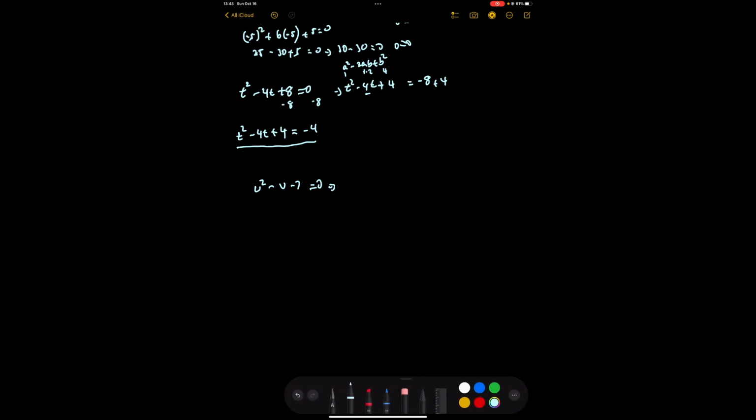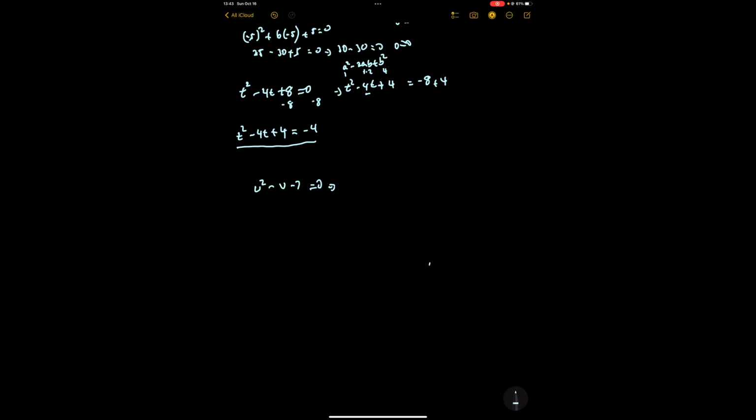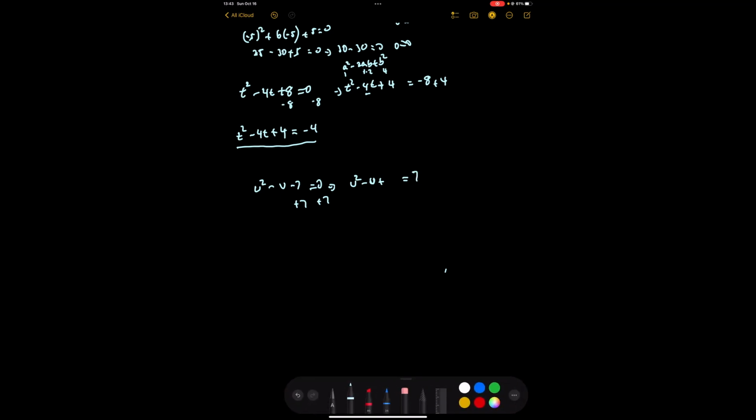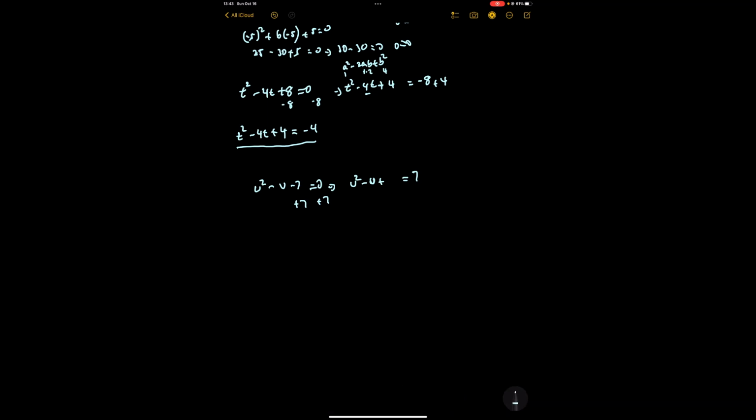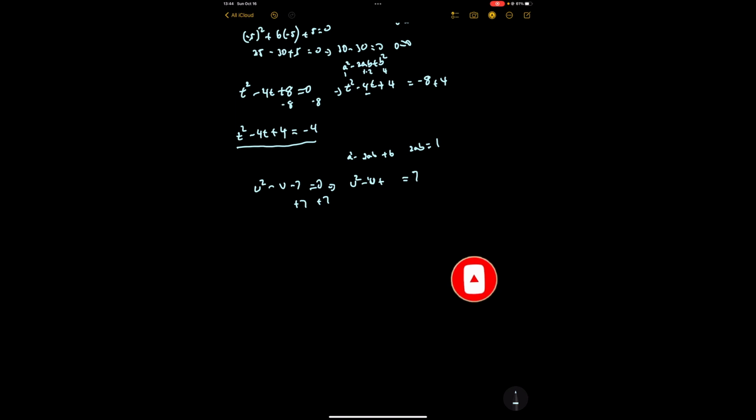So what are we going to do now? I'm going to add 7 on both sides. So I'm going to have u squared minus u equals 7. And what number should I have here? Well, here the u is only 1. So that means a squared minus 2ab plus b squared, and 2ab equals 1.